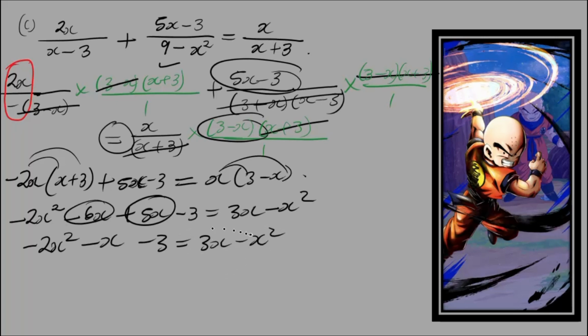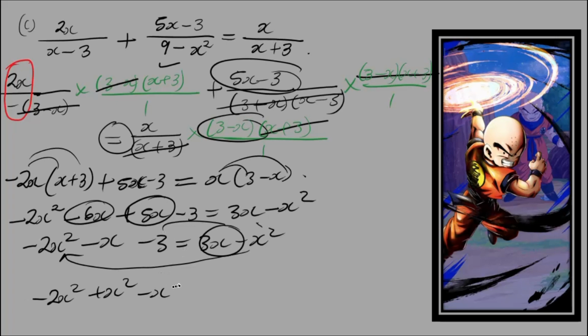So now when I take this to the other side, I'll end up having negative 2x squared plus x squared, and then I have negative x. I transpose this to another side, it becomes negative 3x. Sorry. And I have the negative 3 there.